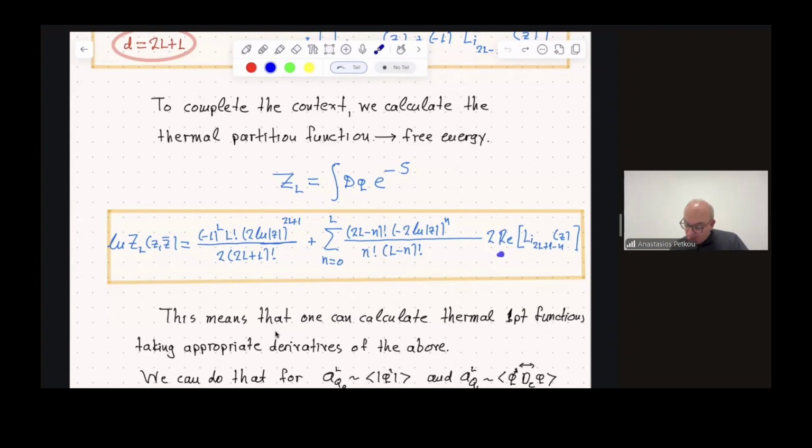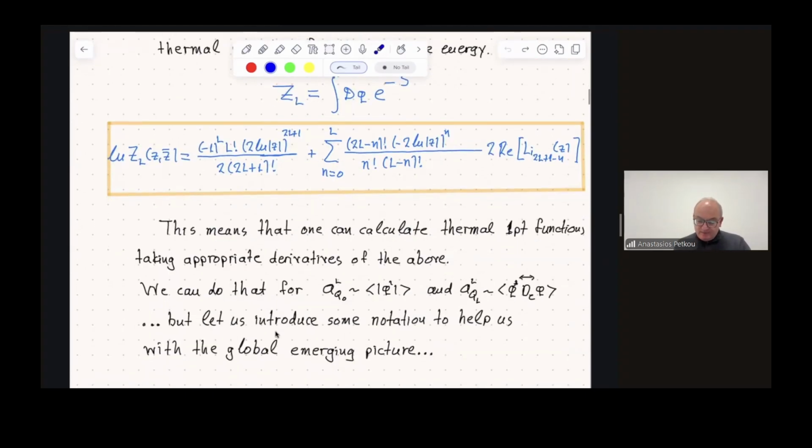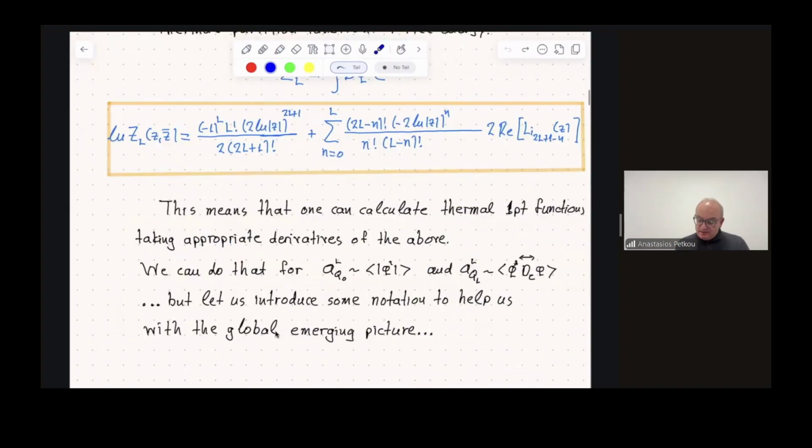Here is the real part of the corresponding polylogs, and the sum again is finite. Since I have the free energy, I can calculate thermal one-point functions by taking appropriate derivatives of the above. Just before, I wrote the Hamiltonian.